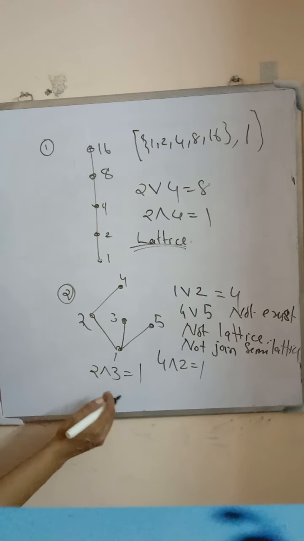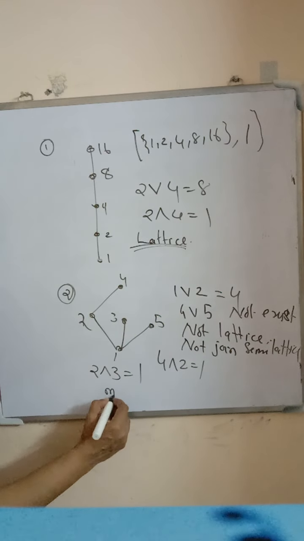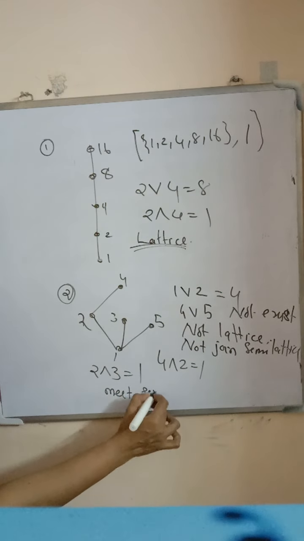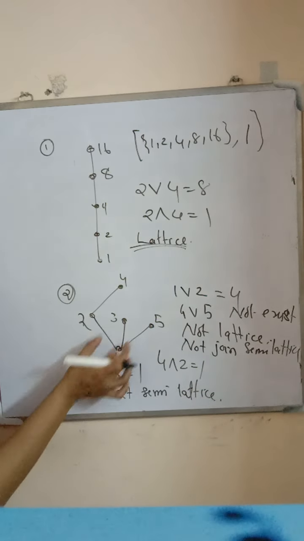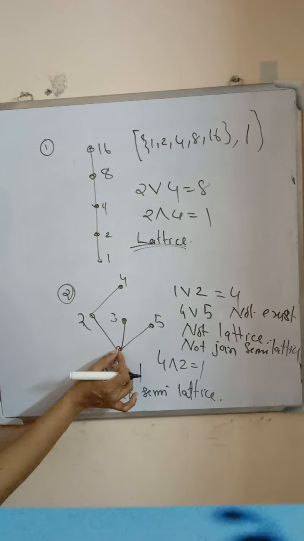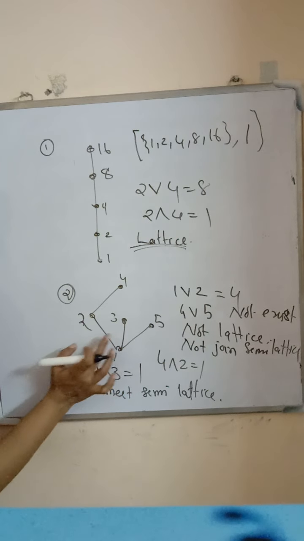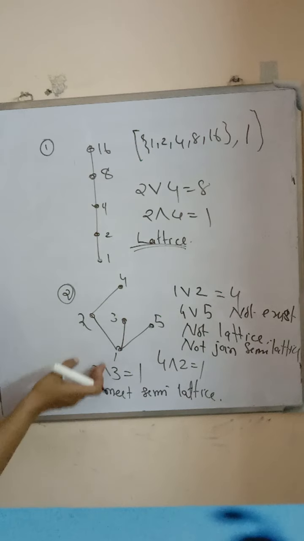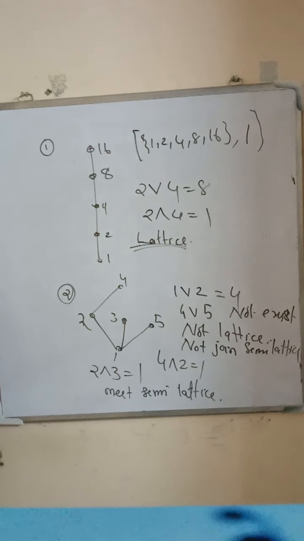Therefore, this partially ordered set is a meet semilattice. If we get a join in the lower portion, then definitely a meet semilattice exists. Also, if we get a join in the upper portion, we get a join semilattice.